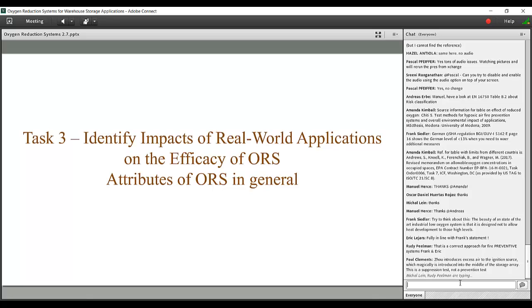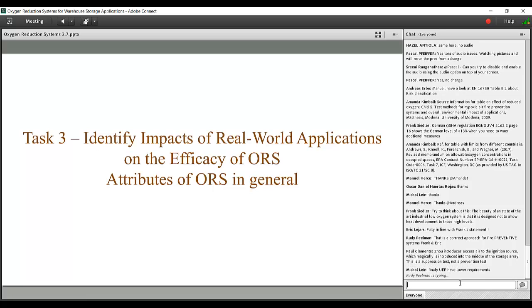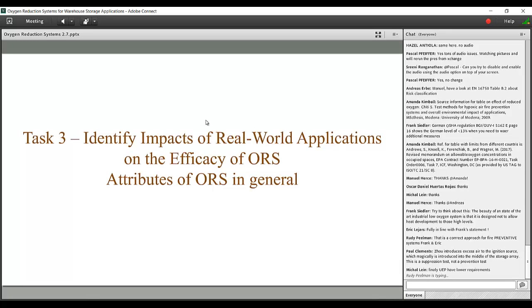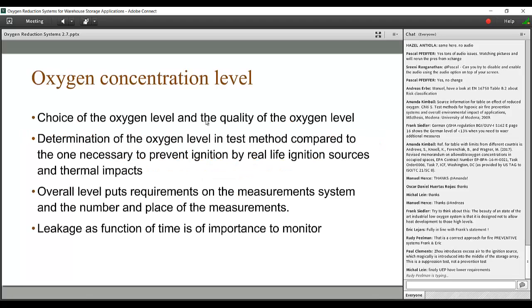Patrick just went through some of the testing issues, some of the fire dynamics and fire chemistry issues that are of concern relative to ORS, the fuels being protected, and the environment. But one of the factors that needs to be considered as well is the environment into which you're putting these systems and what potential challenges could be there.